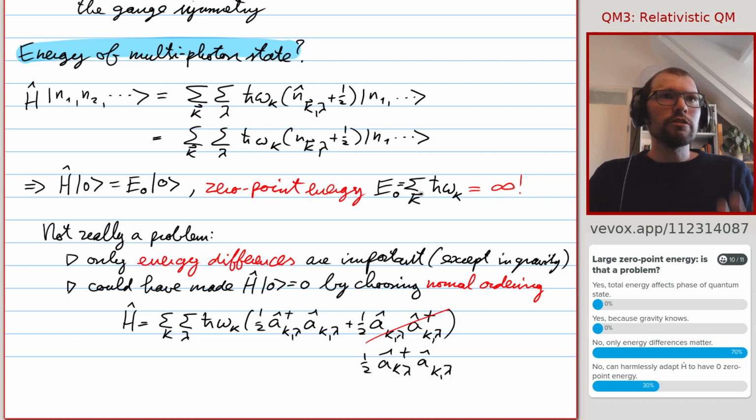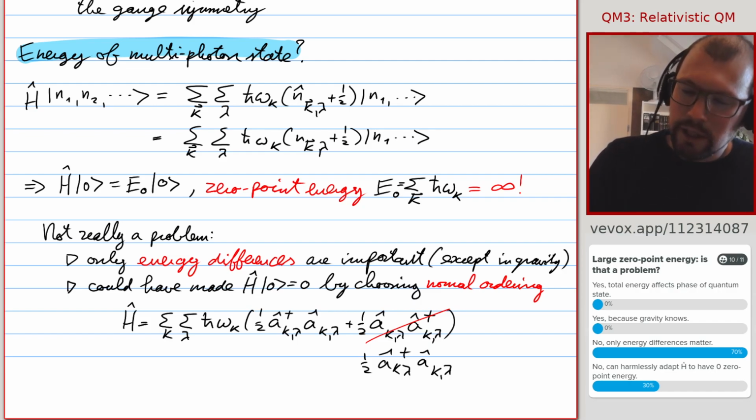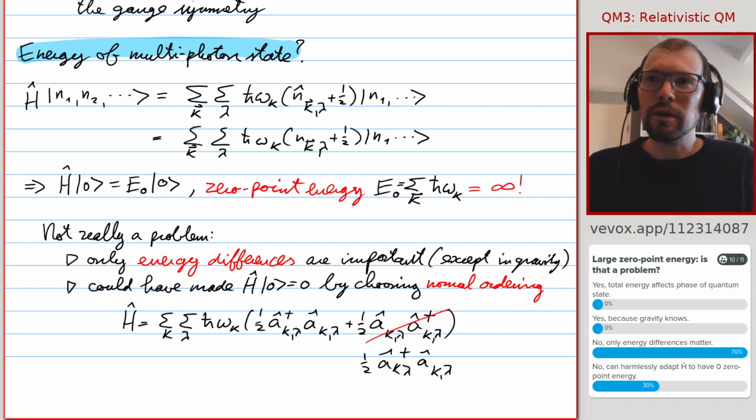So one needs a whole theory, it's called renormalization, in order to make sure that these infinite energies do not appear anymore. You'll hear a lot more about this in years to come.